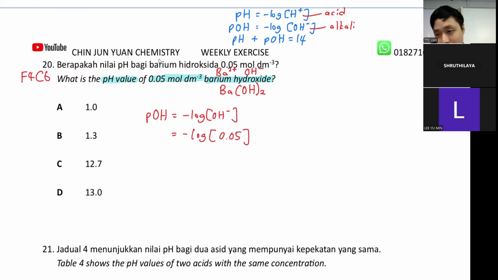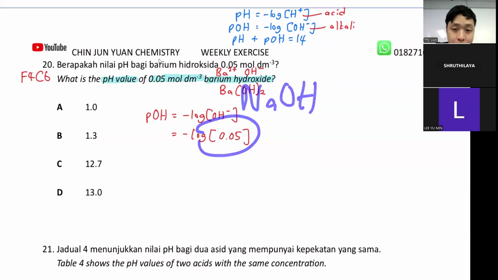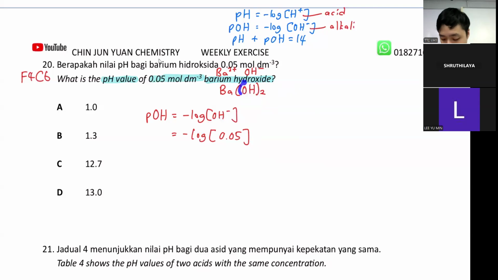Sometimes it's yes. If they give NaOH, then it's correct. But this one has bracket 2. It means the concentration of OH minus produced is 2 times. You will get 1 barium ion and how many hydroxide? 2. It means the concentration is twice.